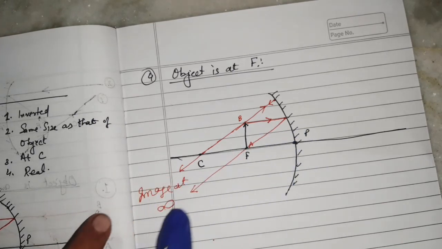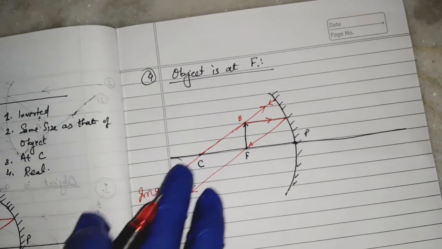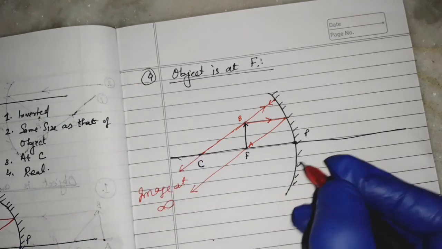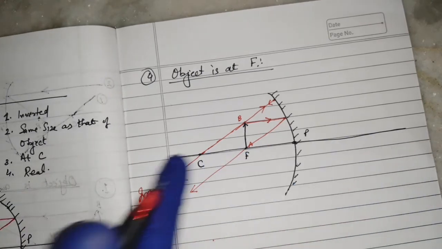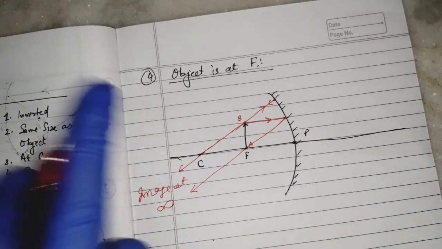So image will be formed at infinity, so it must be a very large image. And since both rays appear to meet below the principal axis, again the image is an inverted one.